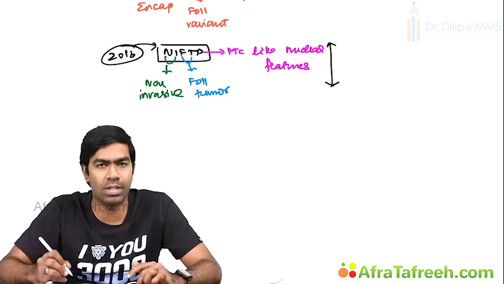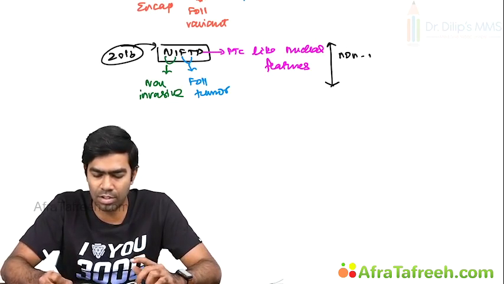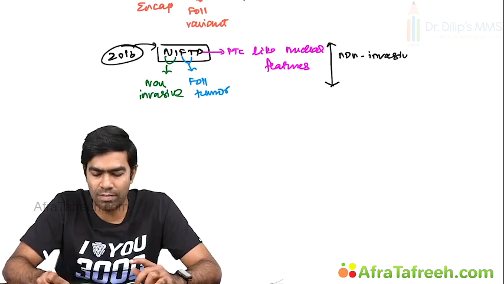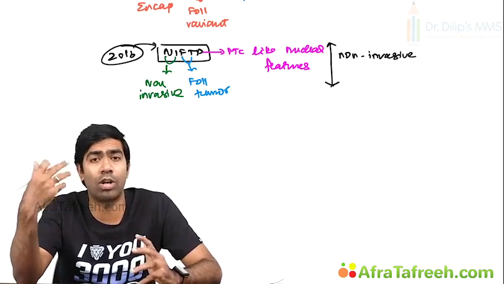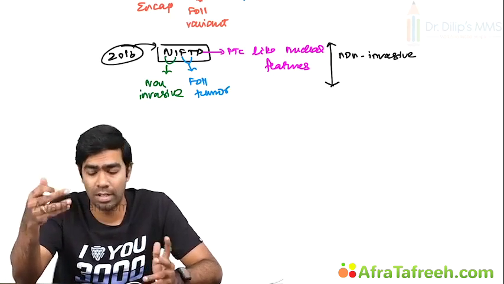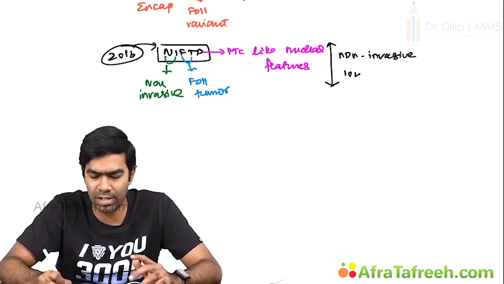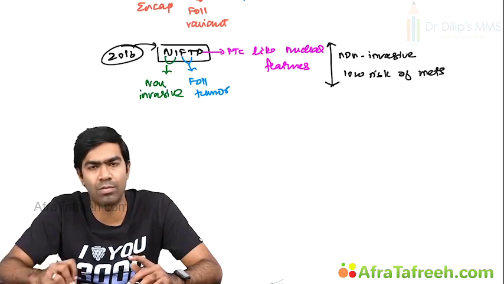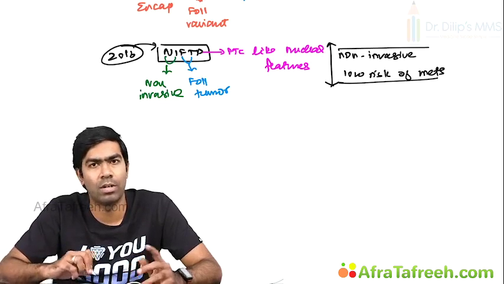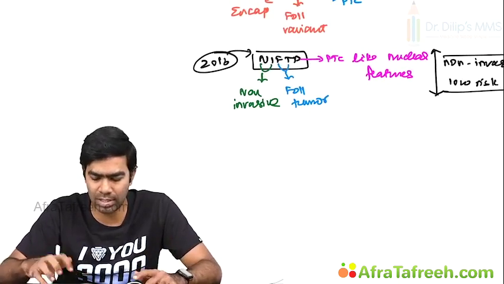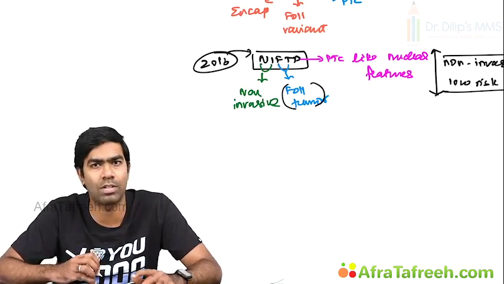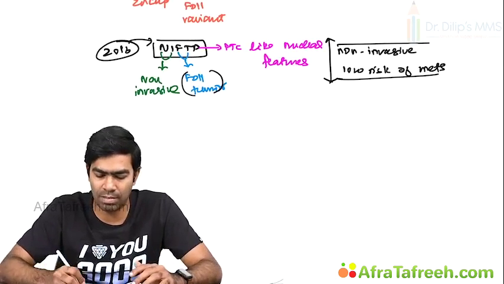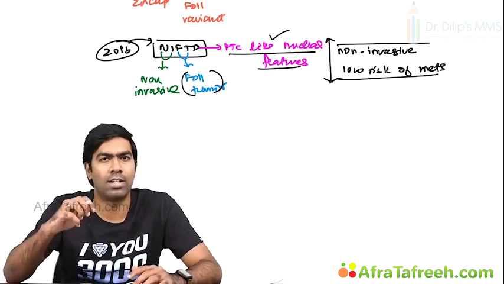So this NIFTP, as the name suggests, is non-invasive. In fact, it's considered benign, not at all malignant by many of the pathologists. At the same time, it has a very, very low risk of developing any sort of metastasis, even lymph node metastasis. So nothing to worry much about this. As the name suggests, this will have a follicular arrangement, not a papillary arrangement, but they will have papillary thyroid cancer-like nuclear features.